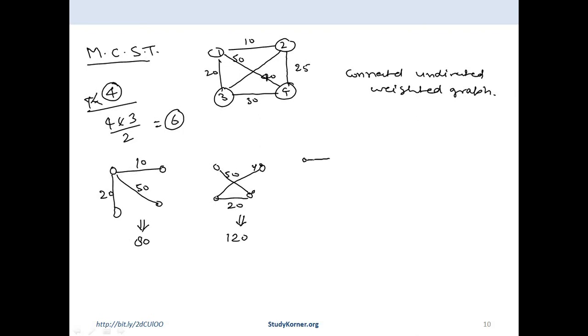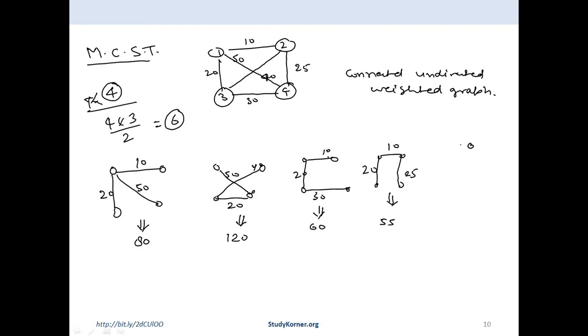Similarly, for this one, if I choose this spanning tree, then it is 30, 20, 10. The cost comes as 60. Similarly, if I choose the graph as this one, and the costs for these edges are 25, 10, and 20. So the cost for this one is 55.